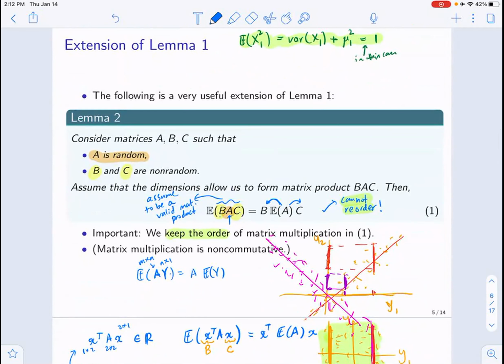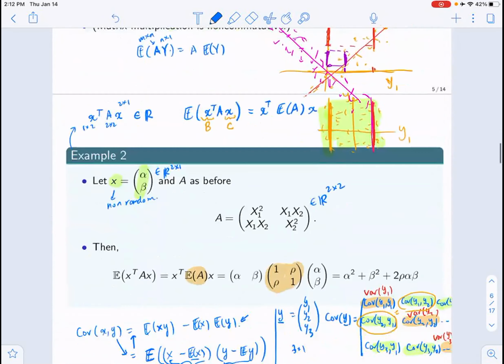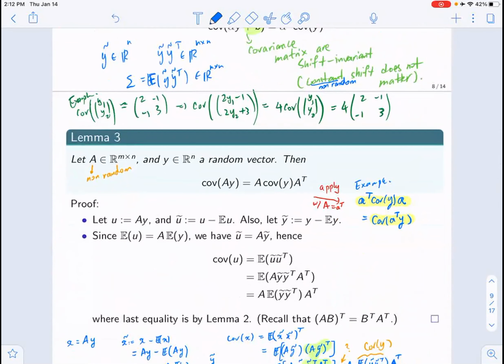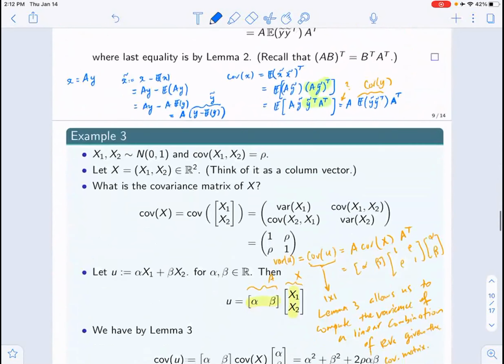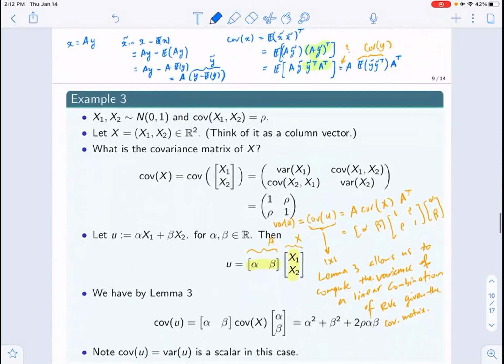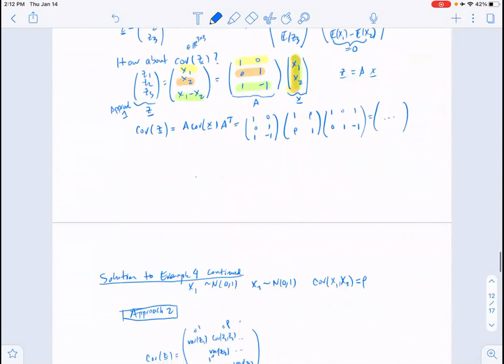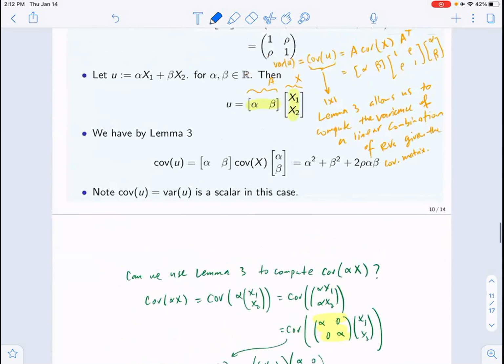If you have this lemma and this definition, you should be able to prove this result. So I'll let you prove it for yourself. And there's an example that I'll let you go over for yourself.